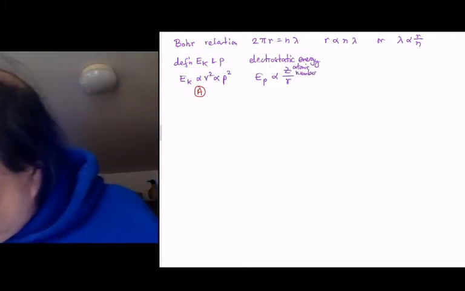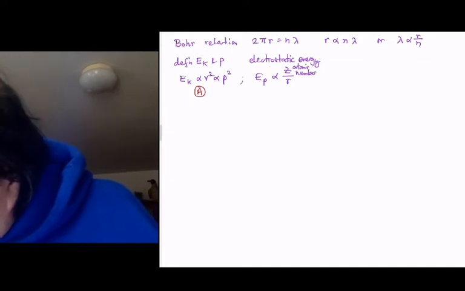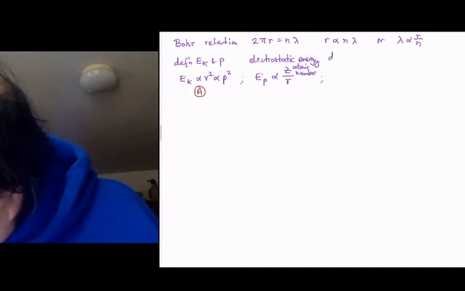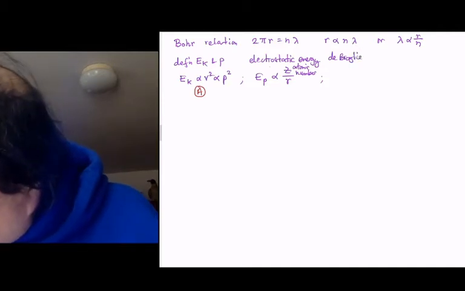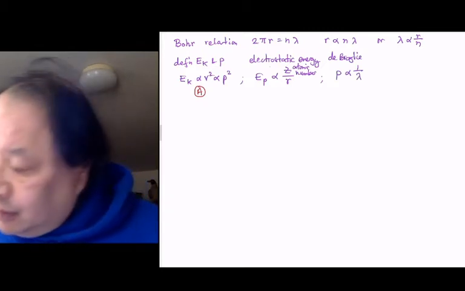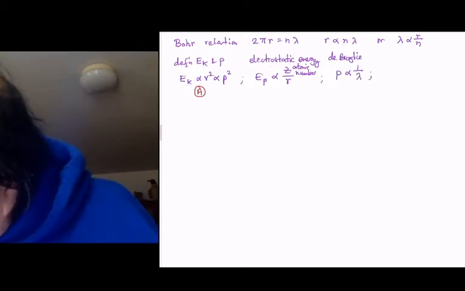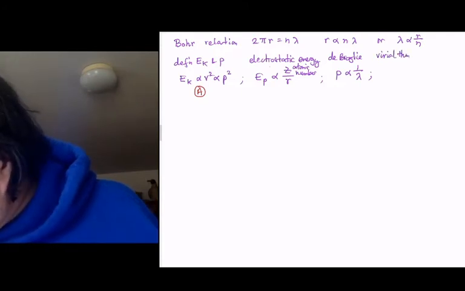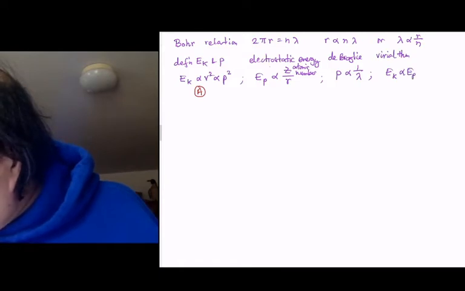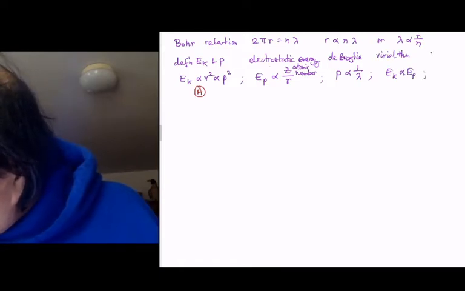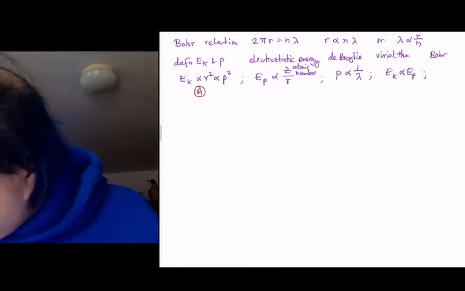Okay, next one we have is the de Broglie relation, which is that P is proportional to 1 over lambda. Then we have the virial theorem: EK is proportional to EP. And now what we really needed was the Bohr relation, which is that lambda is proportional to r over n.